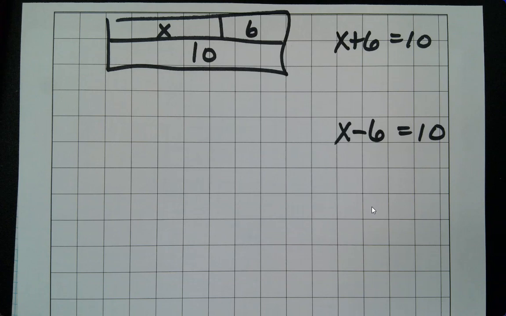How long is this box? We don't know. So what can we say for the length of this box? It's X. This whole box is X inches long, or whatever unit we're labeling it, right?